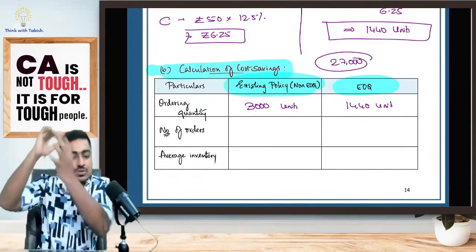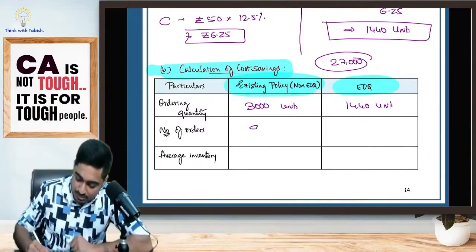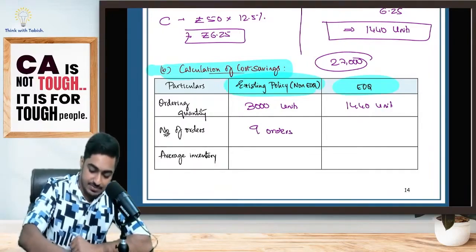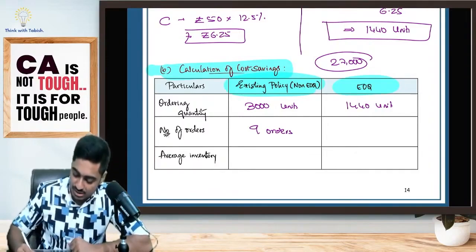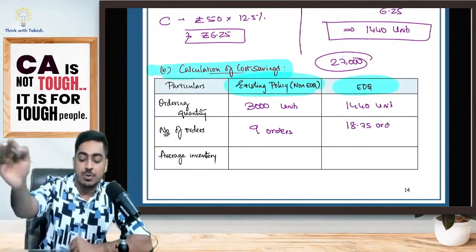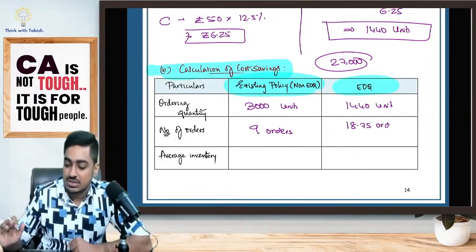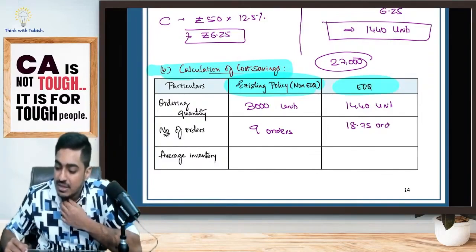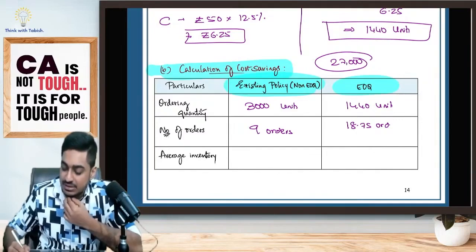If I buy it as 3,000, 9 times I'll have to order. If I am buying 1,440, how many times will I have to order? 18.75 orders. Is it possible to place 18.75 orders? No, that means I will have to convert it to 19 orders. Yes or no, everyone? Perfect. But understand one thing.